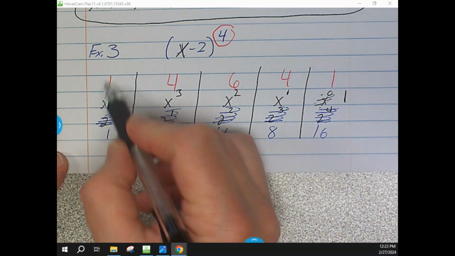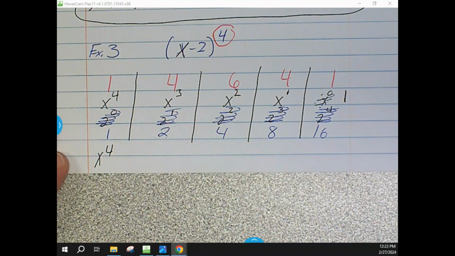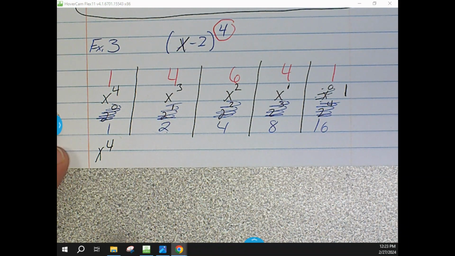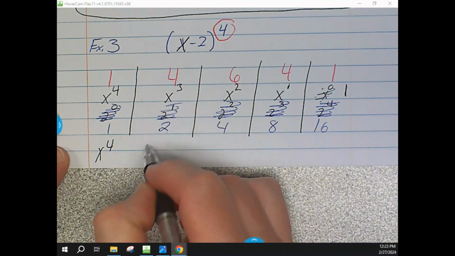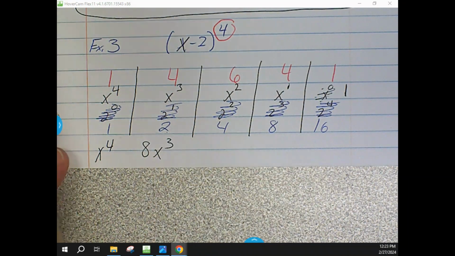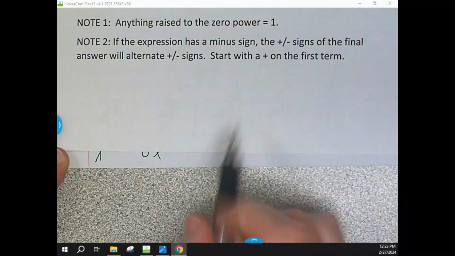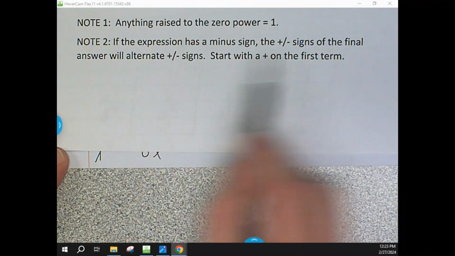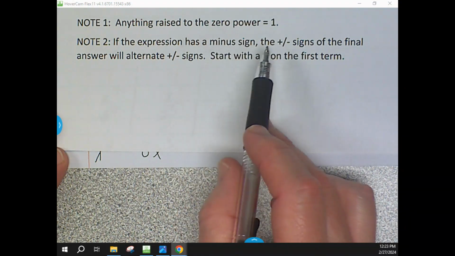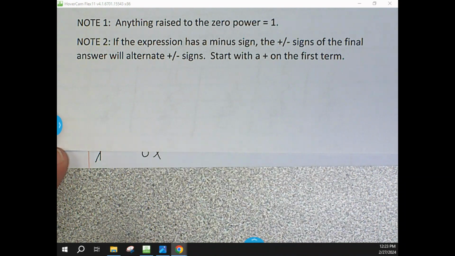Okay, so we've got 1 times x to the fourth, which is just x to the fourth. Now we got 4 times 2 for 8, x to the third. And the only catch on this one is that when the expression has a minus sign, the plus or minus signs on the final answer are going to alternate from positive to negative.